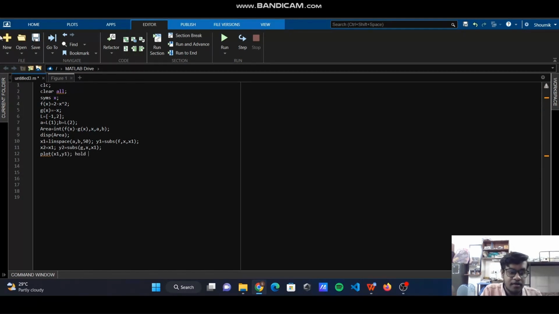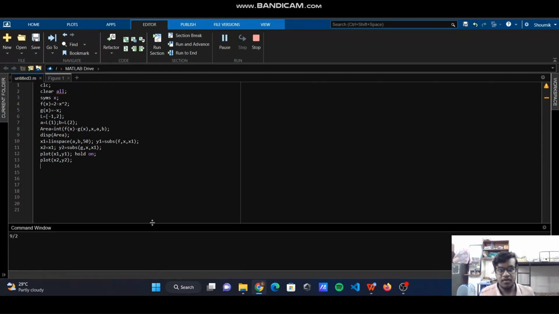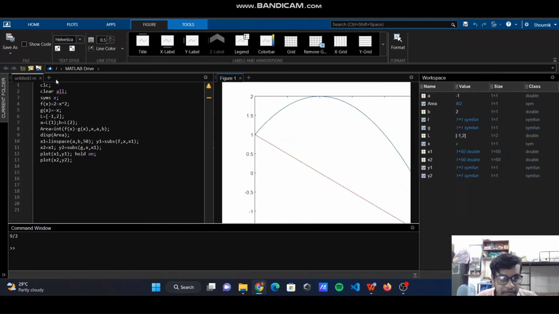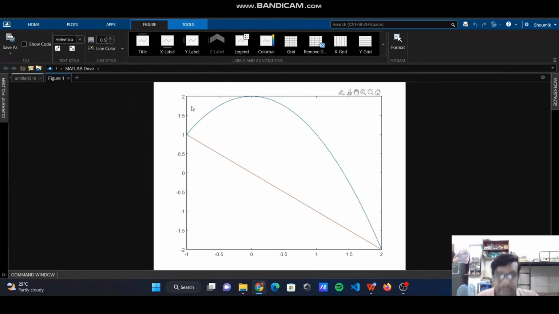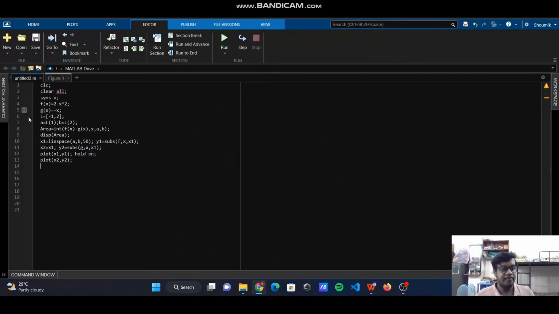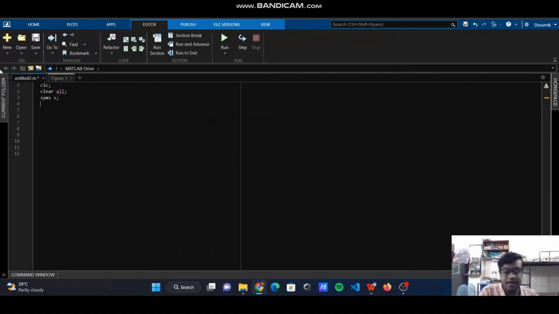It is considered good practice to do that, but we are having a look at a lot of problems right now, not just this one. 9 by 2 and figure 1. Yeah, this is the graph that we obtain. Obviously, you can get an x-axis here, y-axis here, a legend, a grid to make it look pretty, but I mean, you get it. It's not needed at this point.